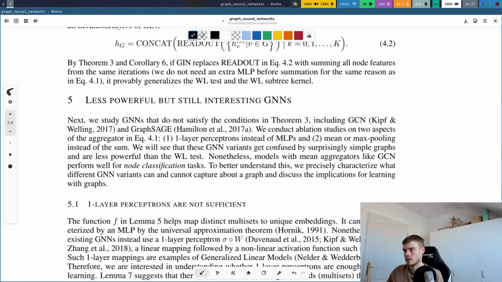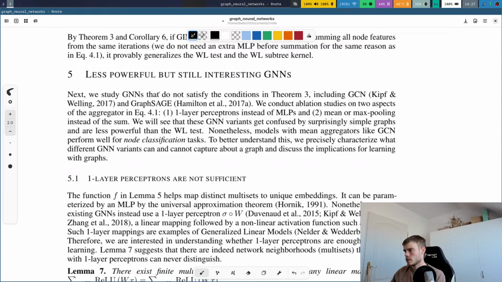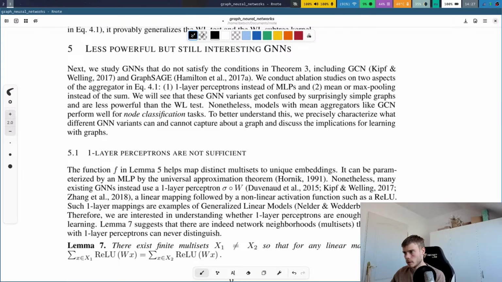Next, we study GNNs that do not satisfy the conditions in theorem 3, including GCN and GraphSAGE. We conduct ablation studies on two aspects of the aggregator in equation 4.1: one-layer perceptrons instead of MLPs, and mean or max pooling instead of the sum. We will see that these GNN variants get confused by surprisingly simple graphs and are less powerful than the WL test.